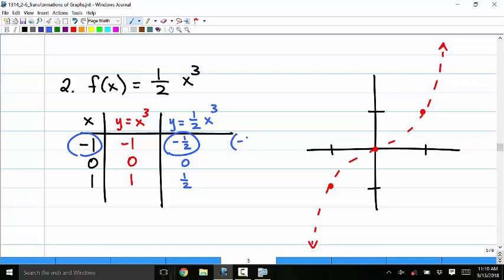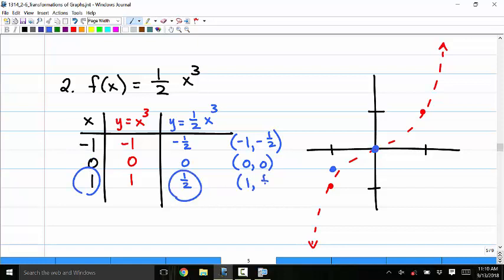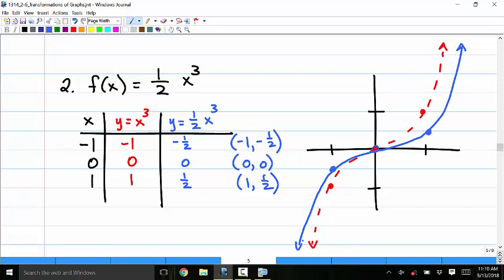That's the point on my graph, which would correspond to right here. And then this is the point 0, 0 on my graph, which is here. And then I have the point 1, 1/2 on my graph. So my function looks like this. It's a little wider. It's been vertically compressed or vertically shrunk.